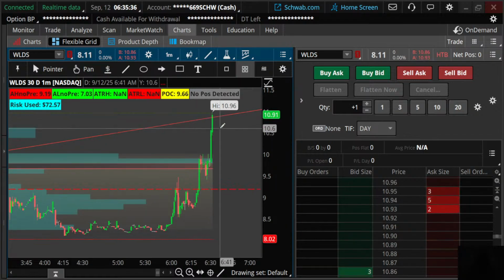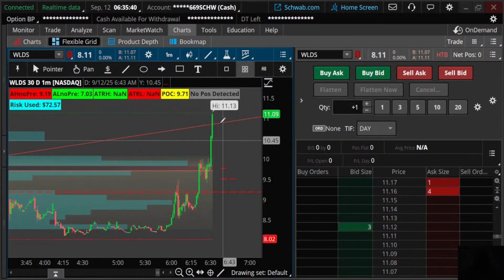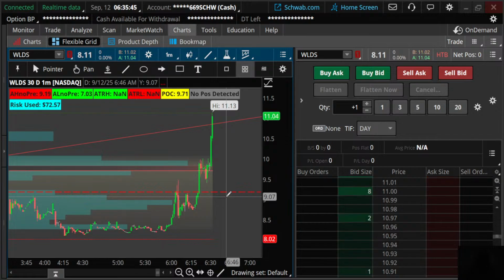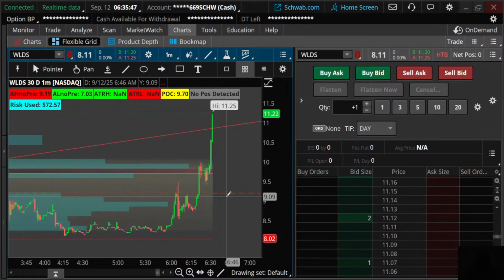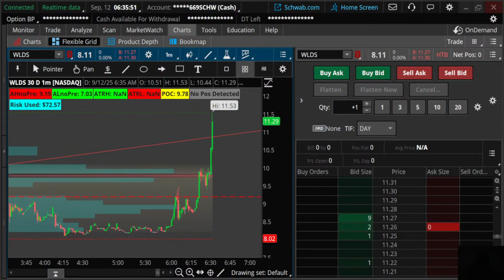It's going up there to 1096. A lot of trading around this $10 level, pushing back up to 1113. Only 2 million shares traded. It's doing this much motion on 2 million shares. Interesting. It's probably short squeezing over here on it.